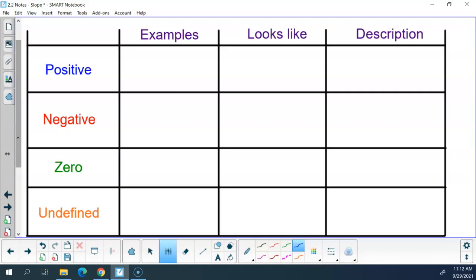So a positive slope, an example of it would be like m equals 5, or m equals 7/4. So it can be a number, it can be a fraction, it could be a decimal. I really don't want to say that it could be a mixed number because I'm not a big fan of mixed numbers.